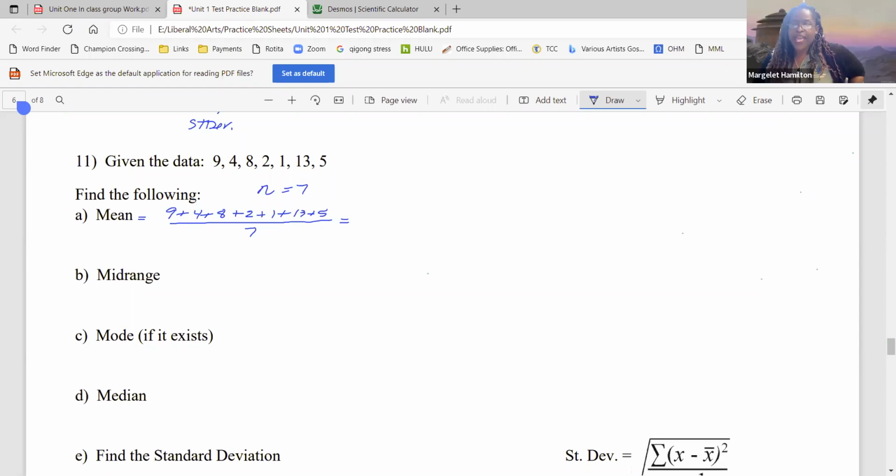I think you might have added one of those numbers maybe twice or something. I'm getting 6. Because the number on the top, after you add everything up, what was it? 42. Okay, that's what I got, 42 up there. 42 divided by 7 gives us 6.